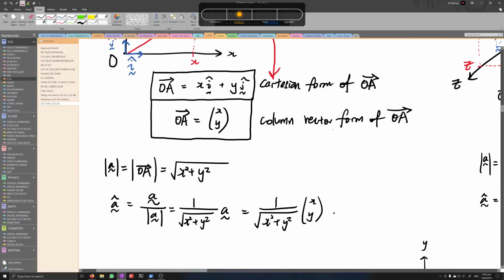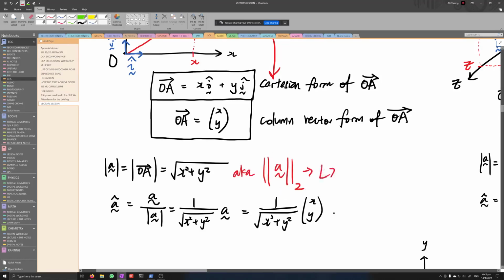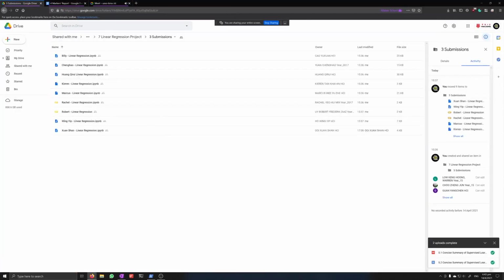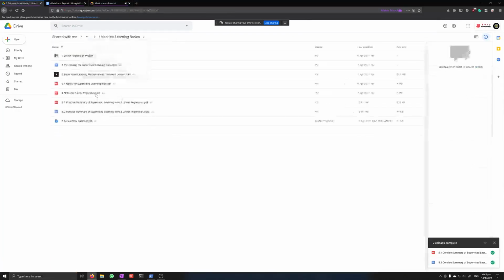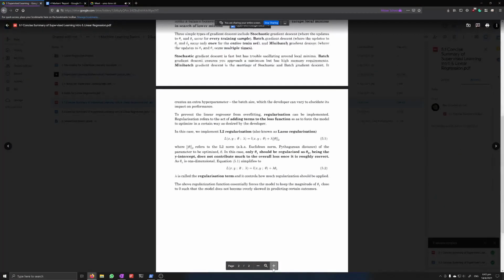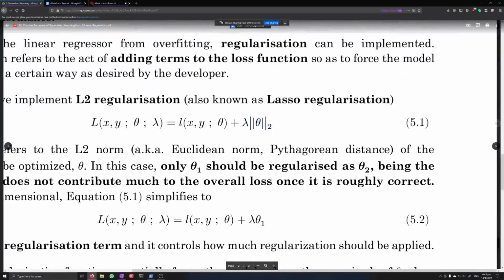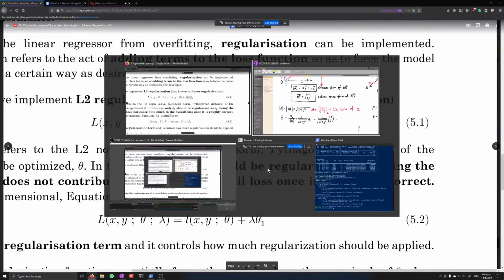In machine learning literature, you will often see a notation like this, sometimes like that, which is the L2 norm of A. This is similar to the thing we talked about at the beginning of the lesson.